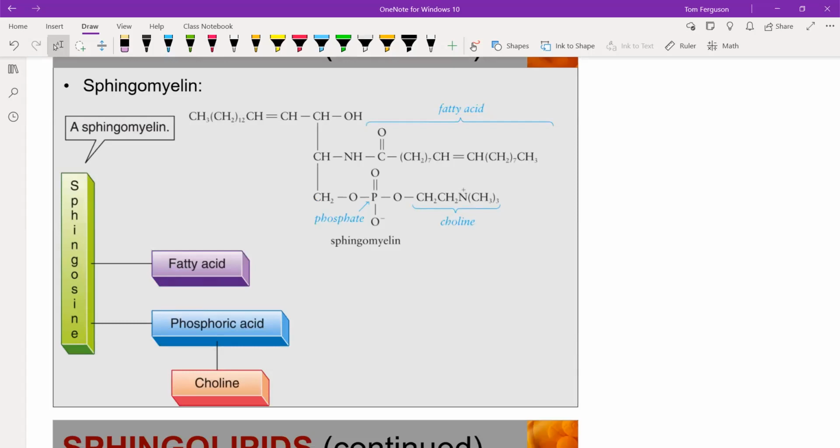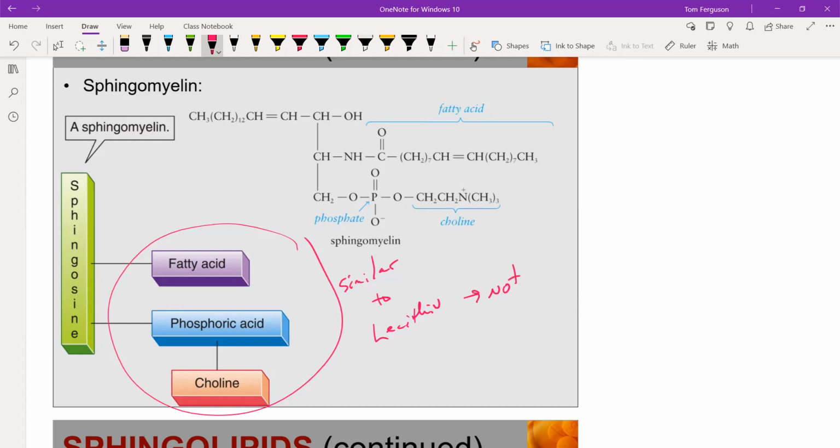So this is similar to lecithin, except the backbone is not glycerol. It's the single myelin here.